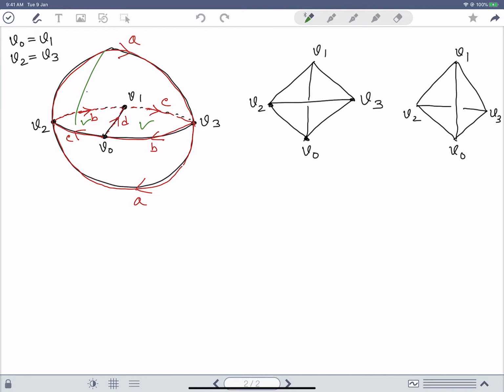For the time being, we can say this is my A, this triangle, V0, V2 and V3. So this triangle is A, and the back one is V.